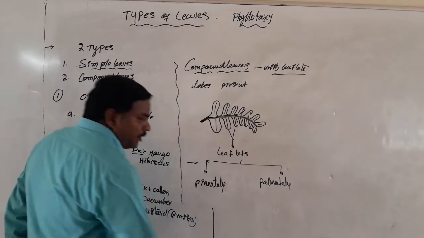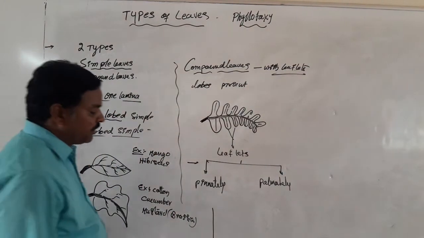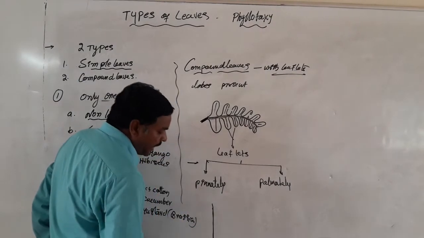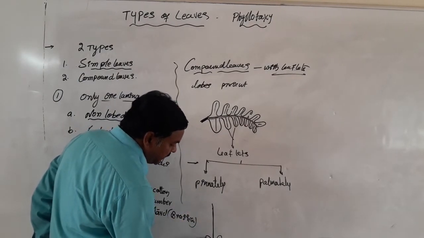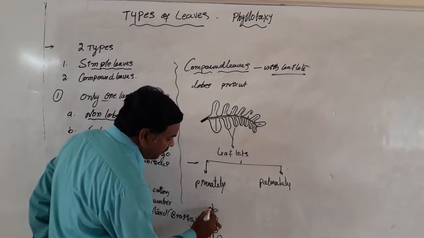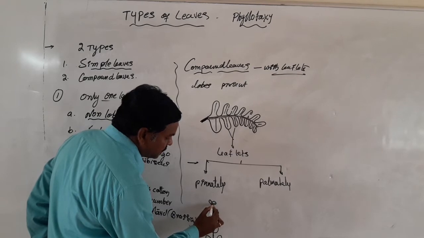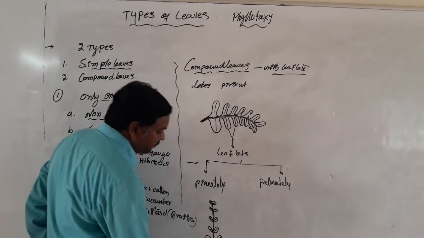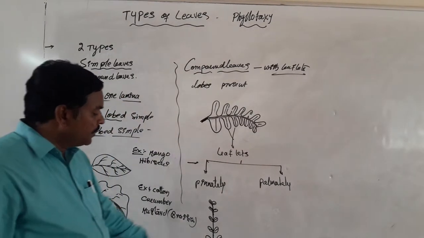Now in this type of pinnately compound leaf, a centrally located rachis is there, and many leaflets are arranged on either side of the rachis like this.